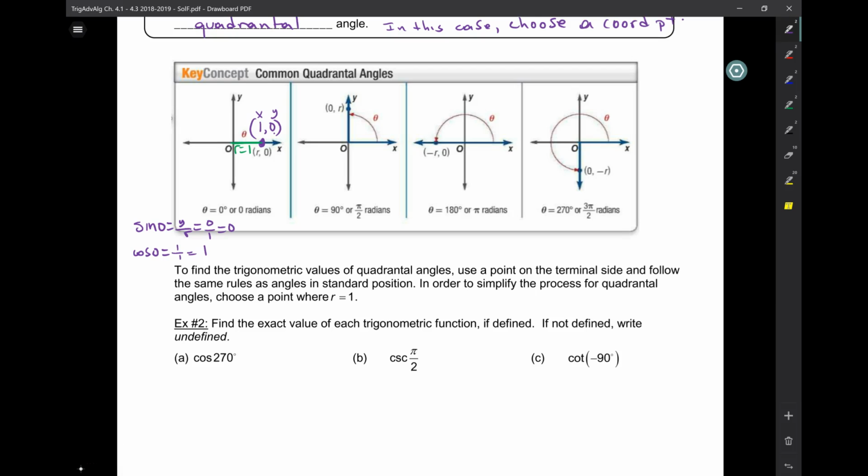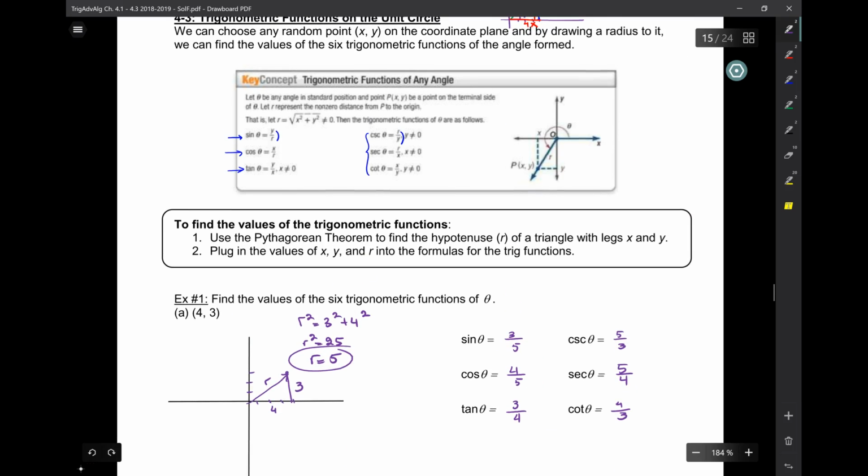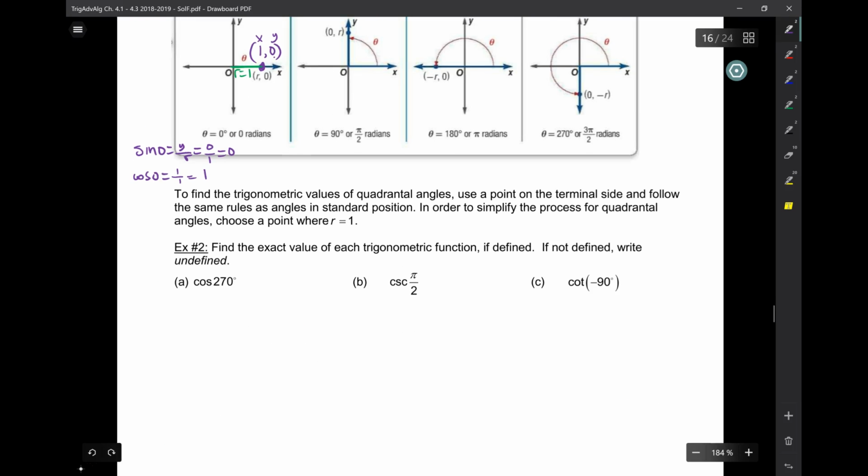Cosine is x over r. Yeah? So here, cosine is x over r, 1 over 1, so it's just 1. Okay?